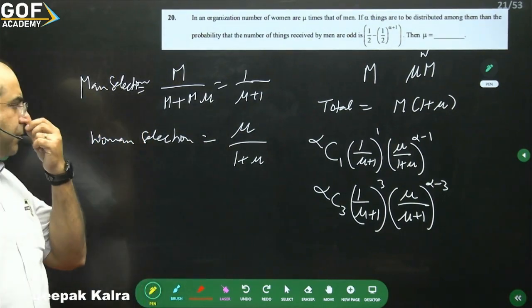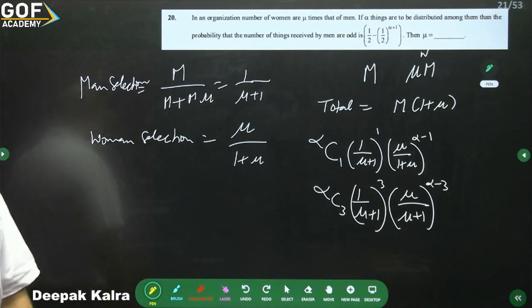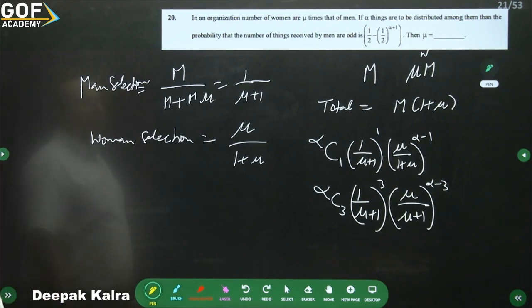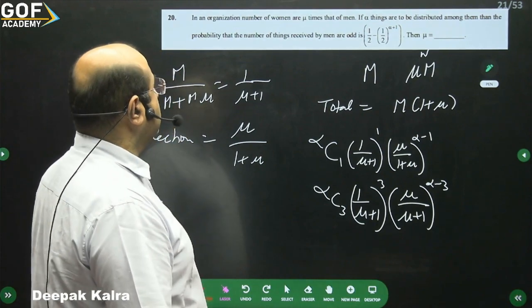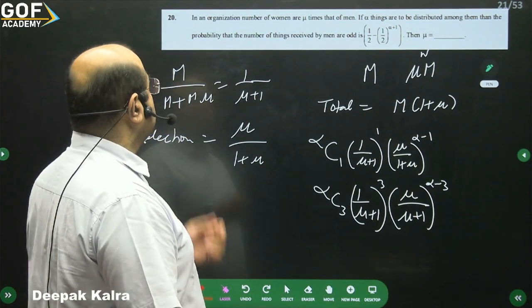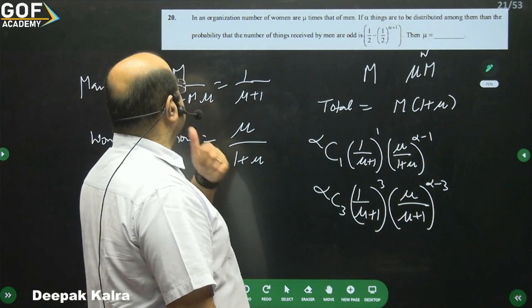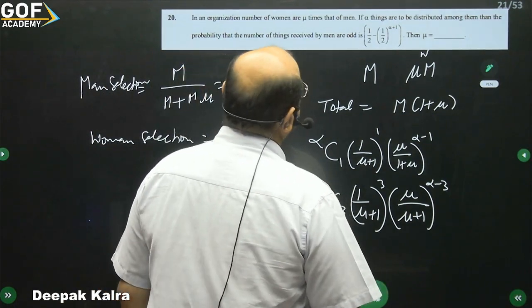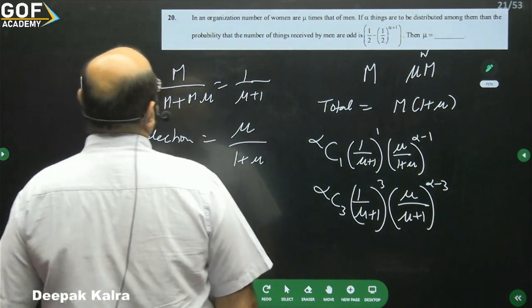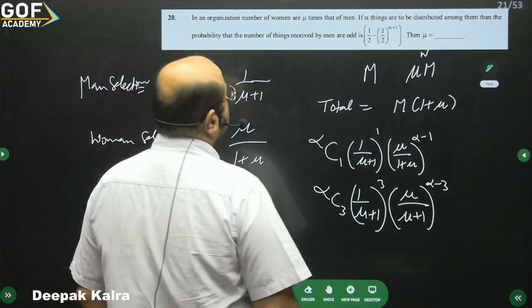So we have to go 1, 3, 5 type. Where do you stop? Means mu times this, the number distributed upon them, probability that the number of things received by men are odd.